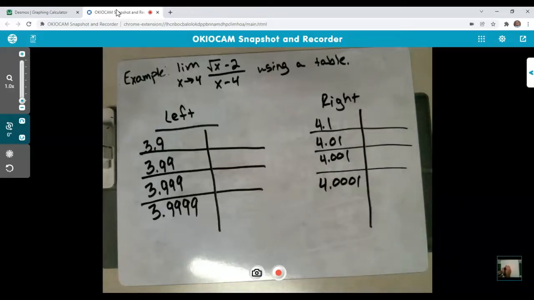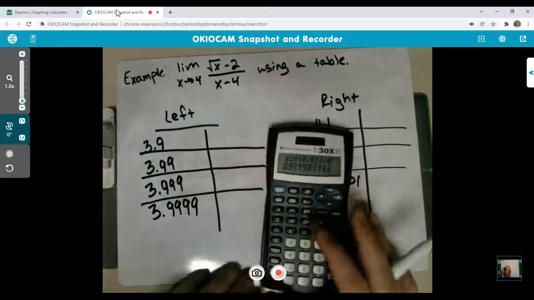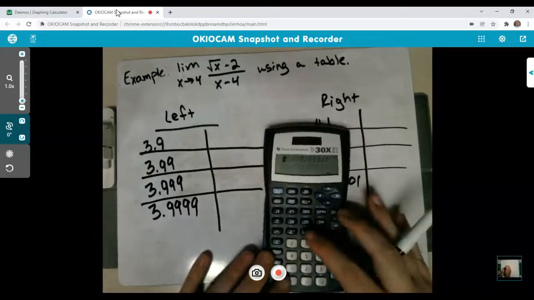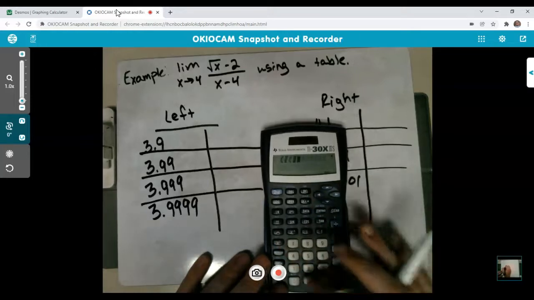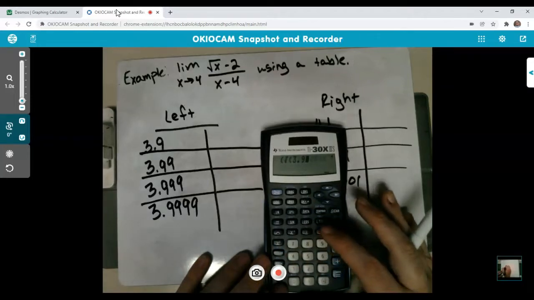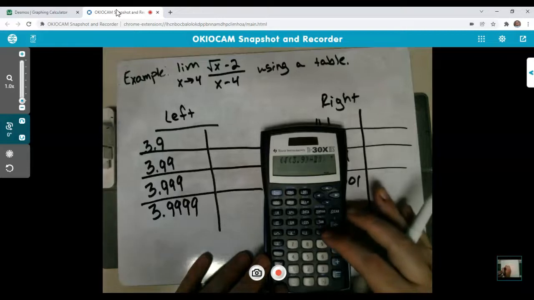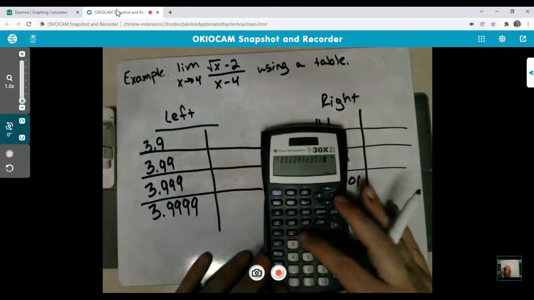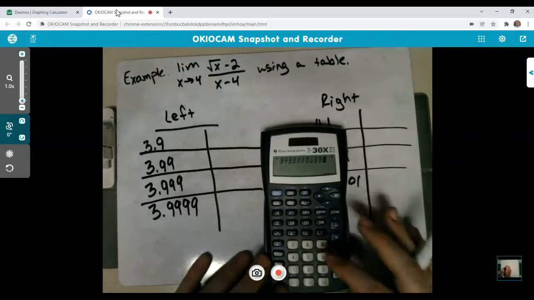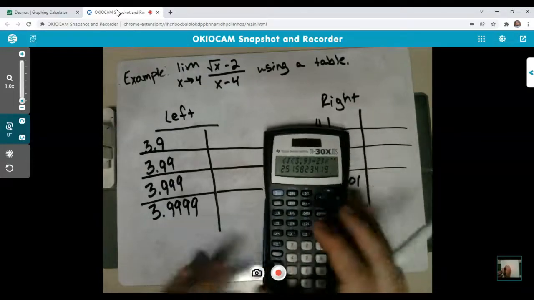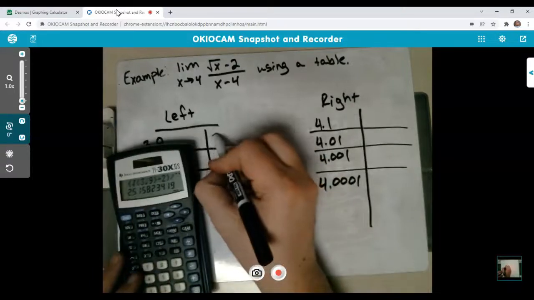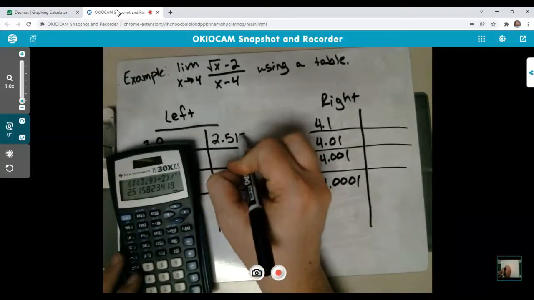And let's plug them in and see what I get. Okay. So, square root of 3.9 minus 2 divided by 3.9 minus 4. That gives you, let's write that as 2.5158.